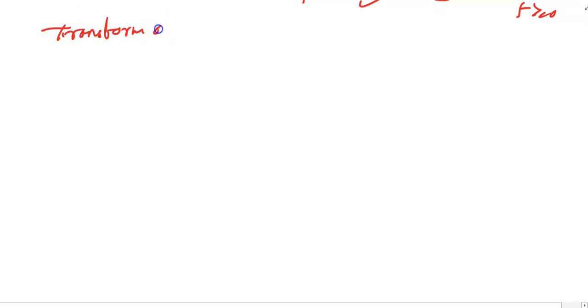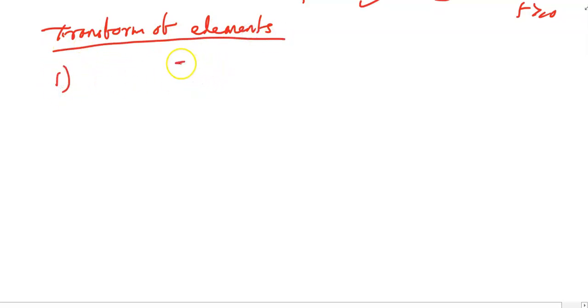Now we'll move to the transform of elements. First we'll consider the resistors.